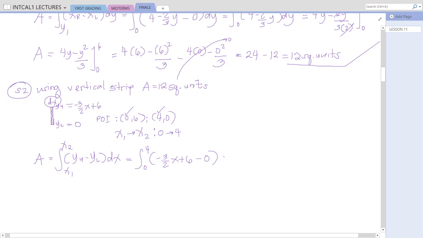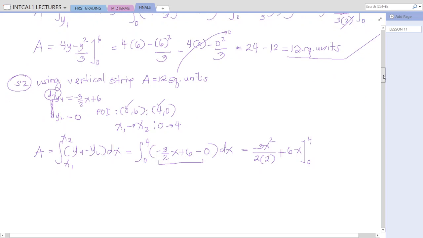So that is multiplied by the differential coefficient with respect to x. Getting the integral for these terms, it will be equal to negative 3x squared divided by 2 multiplied by the exponent, which is 2, plus 6x, and the limits are from 0 to 4.